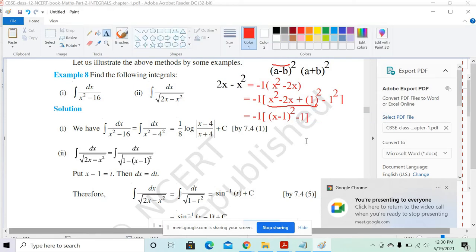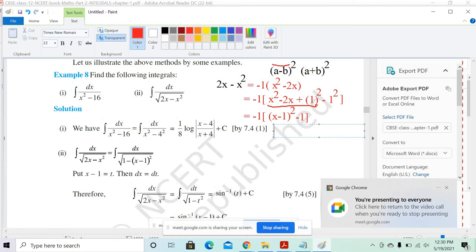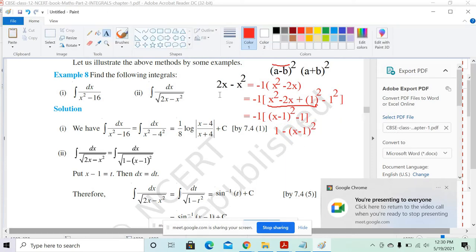Any questions, any doubts? No, sir. Now minus 1 you multiply it, so this minus will become positive: 1 minus bracket x minus 1 whole square.